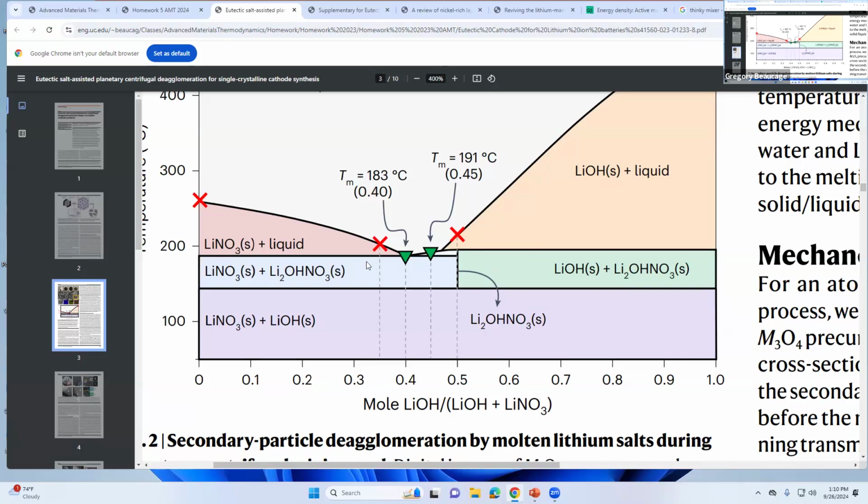So if you go through that process and get to here, you have this really complicated morphology. You have little particles in the bottom that are lithium hydroxide. Then you have intermediate phase solid. So the remaining liquid is going to be intermediate phase with droplets in it that are tiger striped intermediate phase and lithium nitrate.